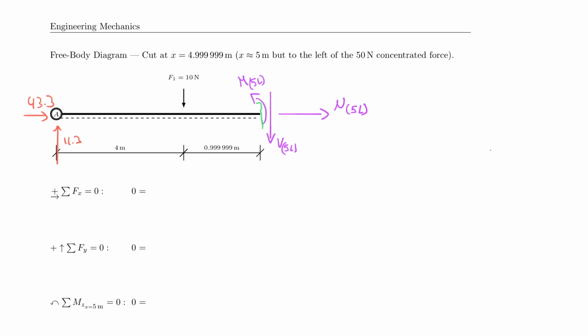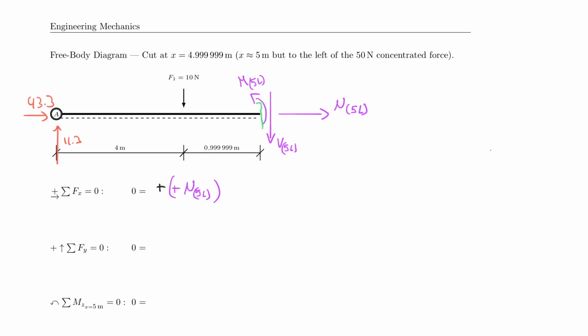All right, now we can write out our equations as always. I can go ahead and start with my horizontal force, and I start with my unknown. So plus N5 to the left. That is always a positive identifier, but it's pointing to the right. And because it's pointing to the right, therefore it is considered positive.